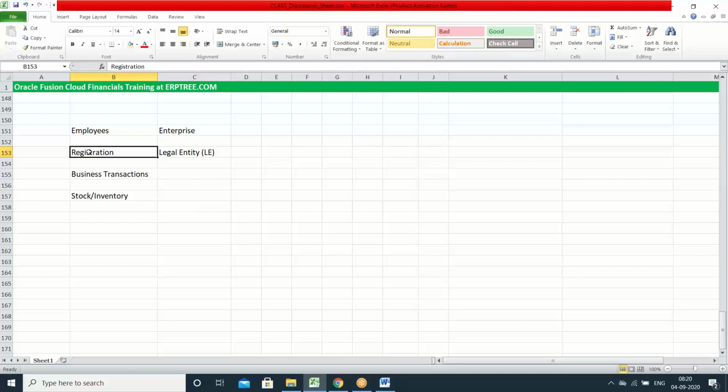Whatever registrations you have for your company, you have to create in the system as a legal entity. And to record your day-to-day business transactions, whatever transactions you perform in your purchasing department, sales department, payables department, receivables department, if you want to record all those transactions in the system, you can record them by using the concept called business unit.